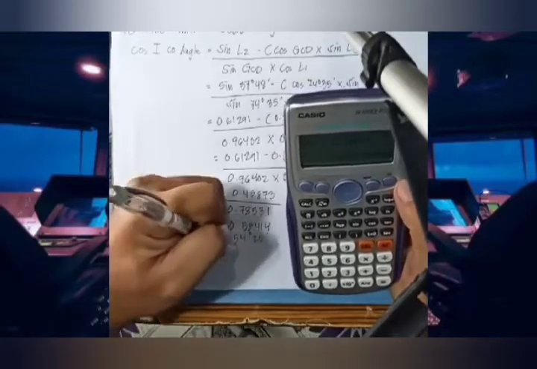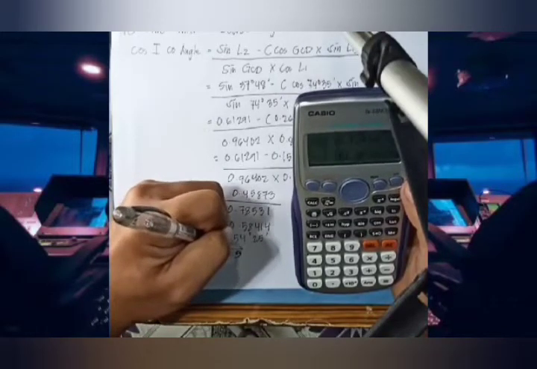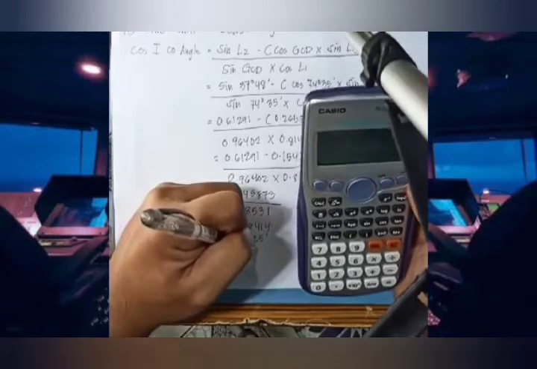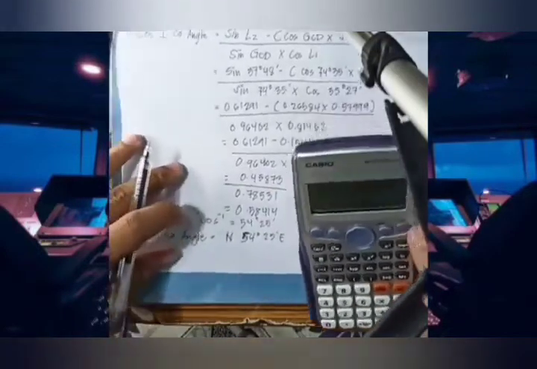So our initial course angle is north 54 degrees 25 minutes east.